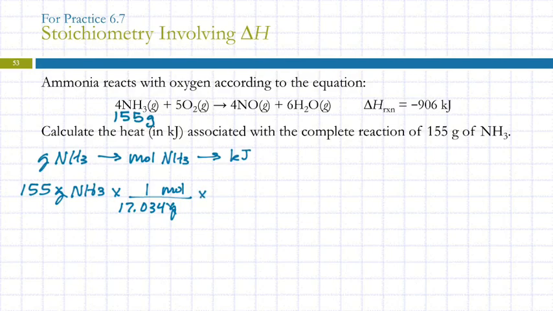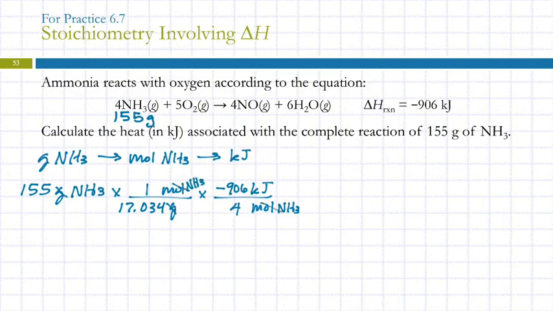And then kilojoules and moles in the bottom. So it's this amount, minus 906 for every 4 moles of ammonia. Should probably specify that.